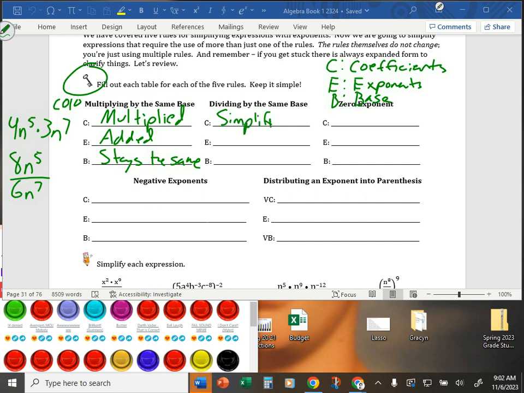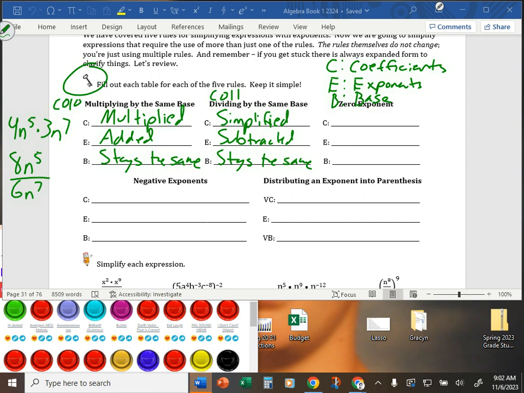You can also think of them as being divided, but remember, if you've got coefficients that don't divide evenly, like 8 and 6, I don't want a decimal, right? Don't actually divide them. You simplify them. You become 4 over 3. Okay? So they're simplified. Exponents are subtracted. And the base, once again, stays the same. So this one would be CO11 here if you wanted to look back at that.